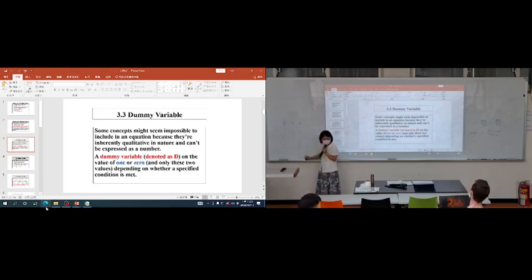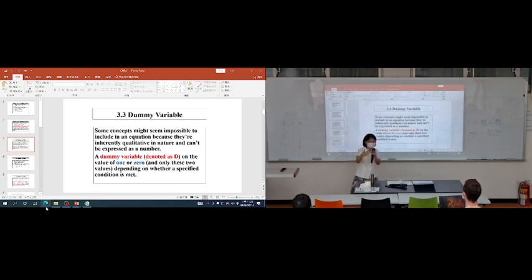Madam, if you want a variable that has 3 possible values, like 0, 1, and 2, is that also considered a dummy variable? No, only 0 and 1. I'm going to talk about that later on. When you say 0, 1, 2, that means 3 categories.